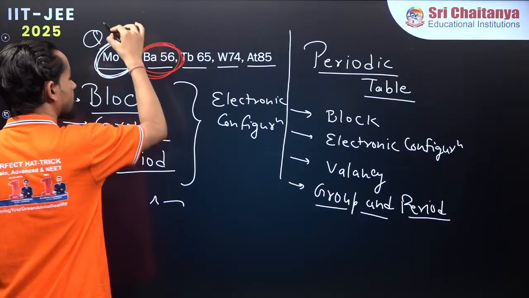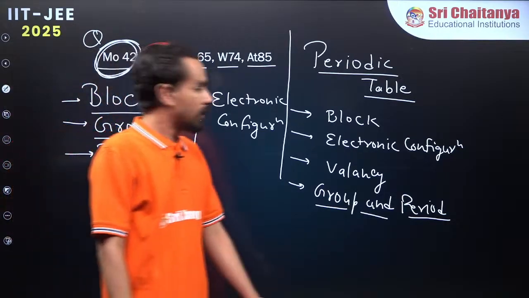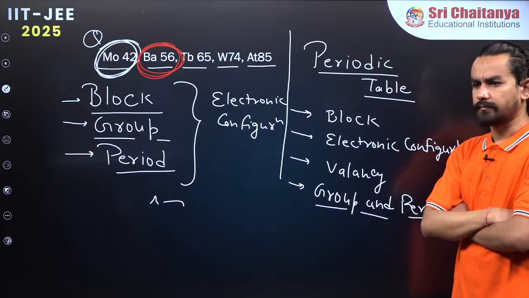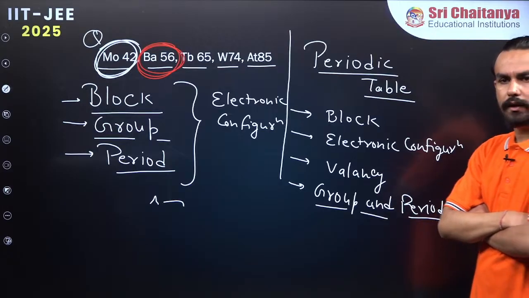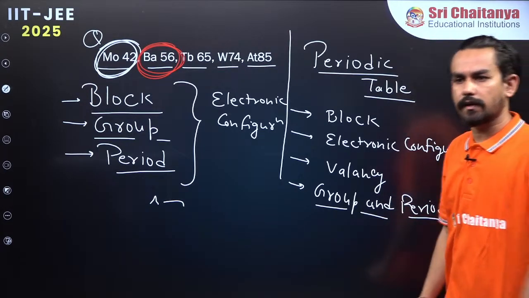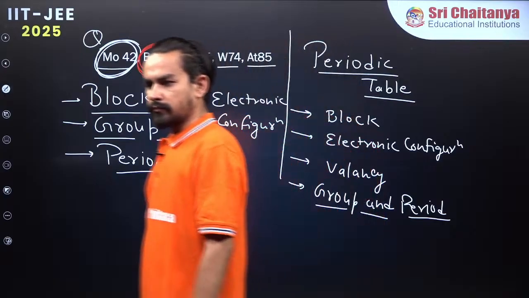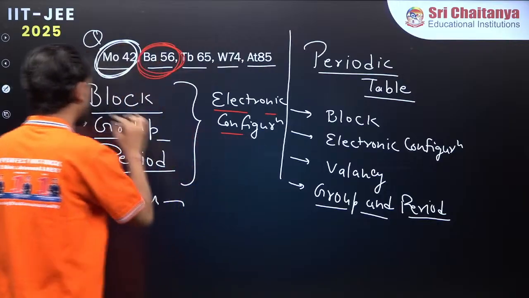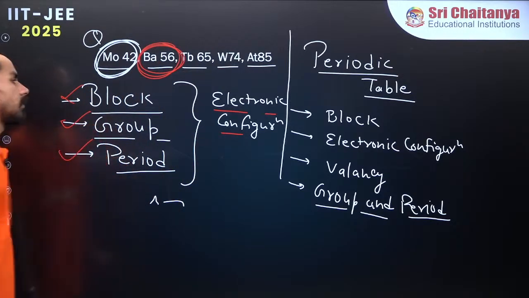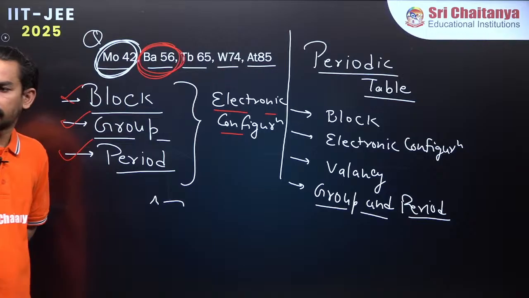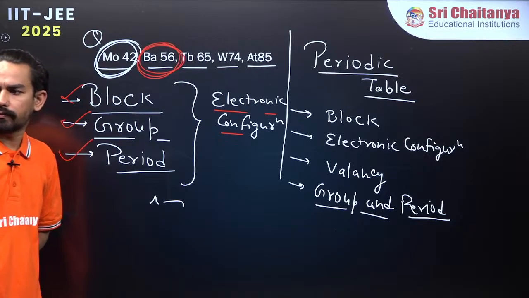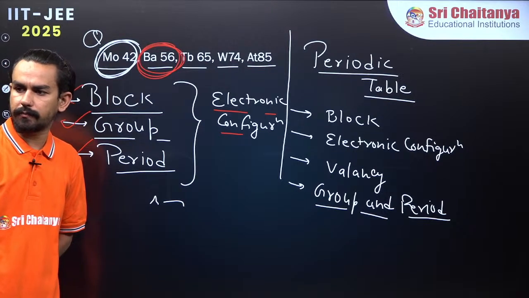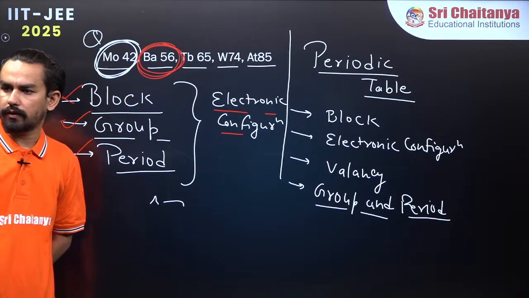Let us move to Ba 56. Barium 56. First write the electronic configuration, then determine block, group and period. Very good, 6s2. Second group, sixth period.